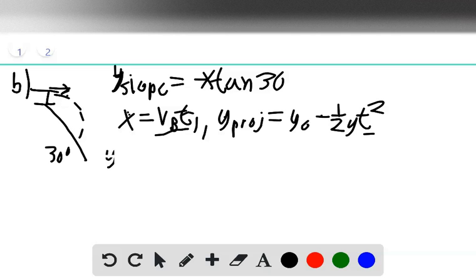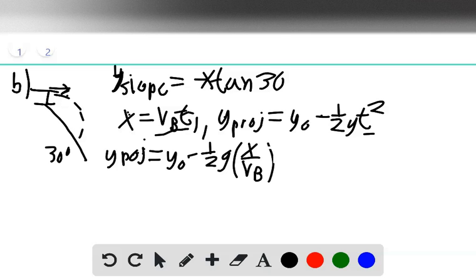So we get y projectile equals y naught minus 1/2 g, and rearranging for t, it's x over vB, squared. Then you can state that the skier lands at the intersection between the slope and the projectile motion.